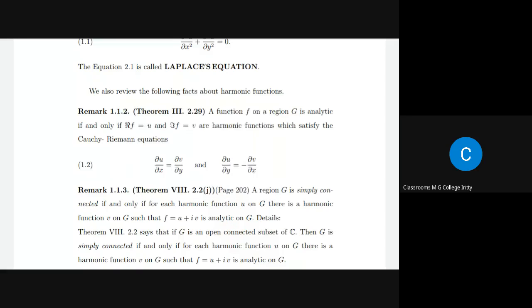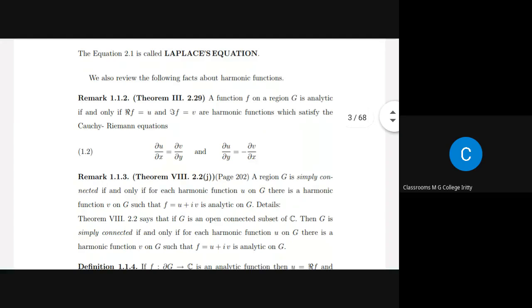Okay, sir. Here we take partial derivative again with respect to x in ux = vy. Then we get uxx = vyx. Likewise, by taking partial derivative with respect to y in uy = -vx, we get uyy = -vxy.